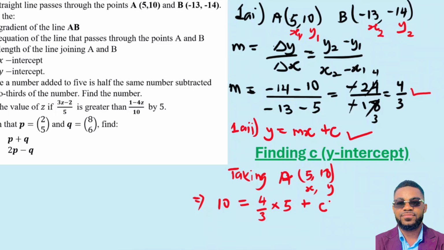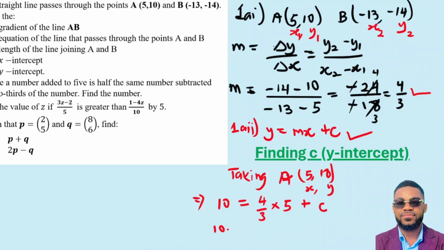Now, we are going to find the value of c using this equation. This is an equation involving fractions, so we have to do away with the fraction by multiplying through by the LCM. The LCM is going to be 3. So we just have to multiply the terms here by 3.